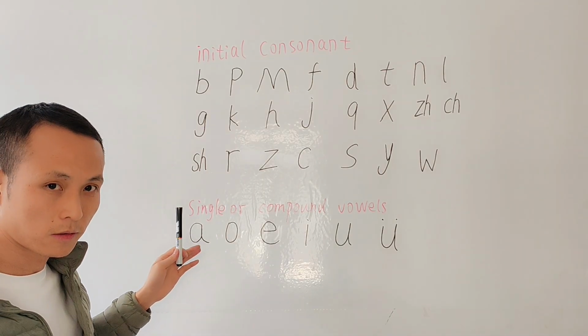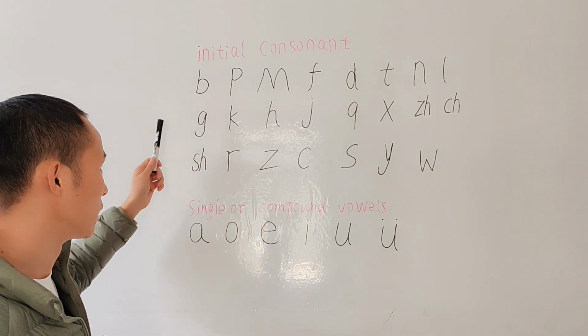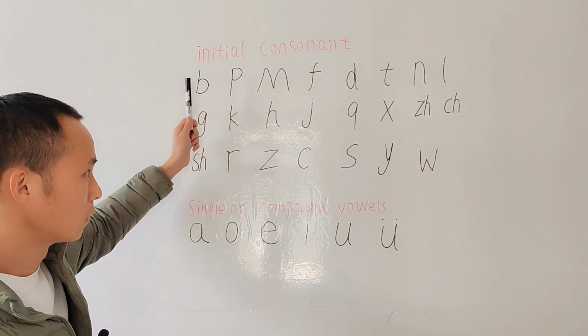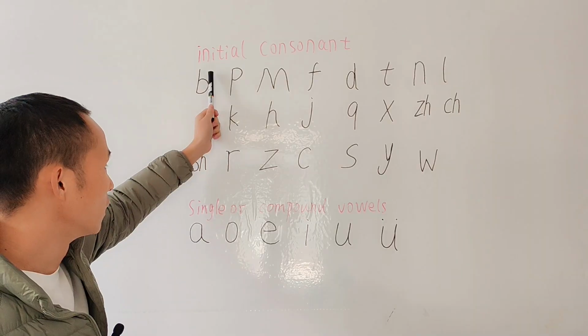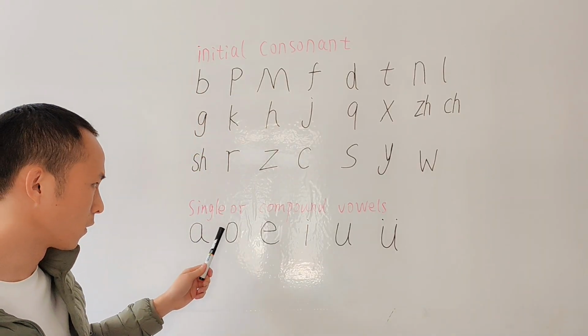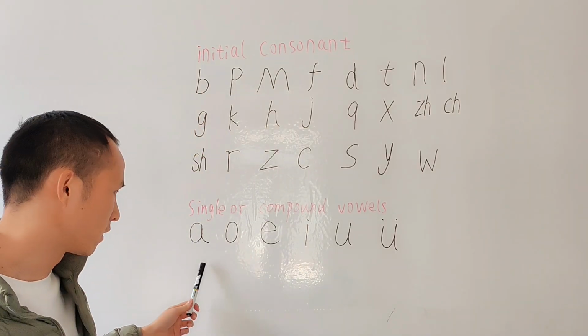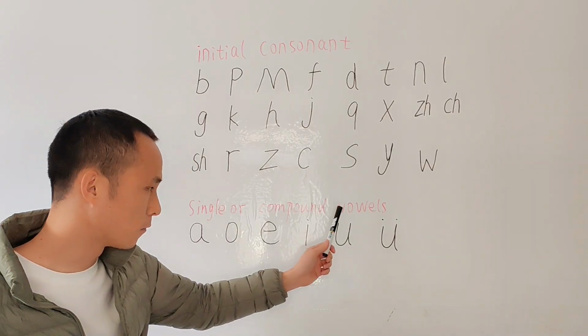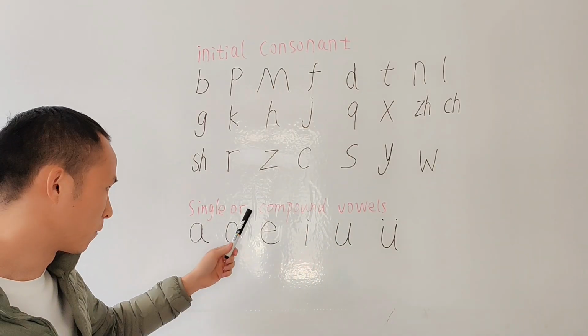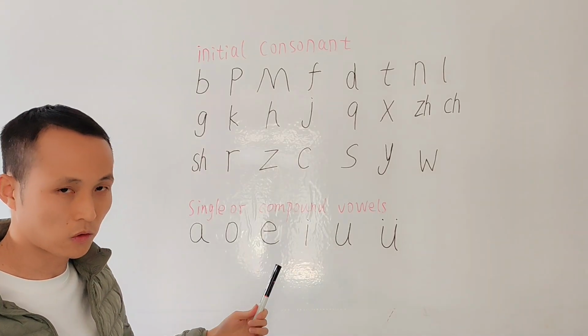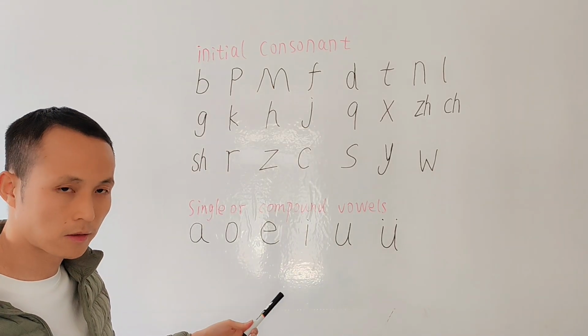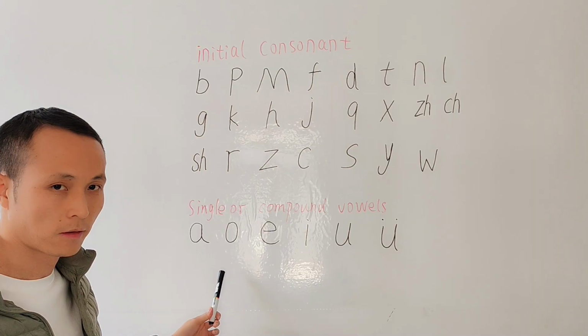So the important thing here is that we should learn how to read all these initials and the single or compound vowels. Here are just 6 single vowels. For the compound vowels, they come in 2 letters or even 3 letters. I will teach you later.